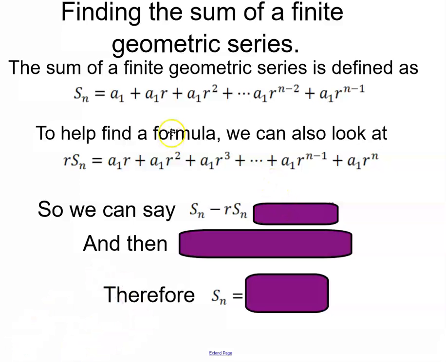Why you can do that is because of what happens when you subtract those two things, s sub n minus r times s sub n. You'll notice that there are a lot of overlapping terms in these sequences. So if you take this equation and subtract this equation, those would cancel out.